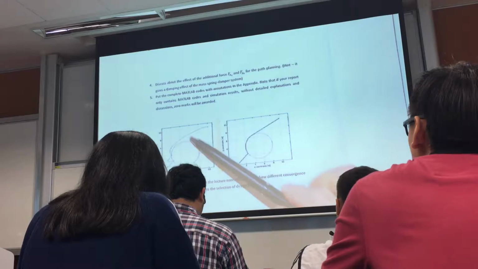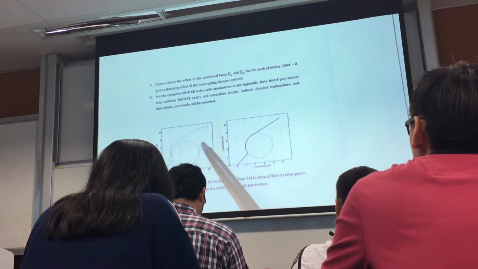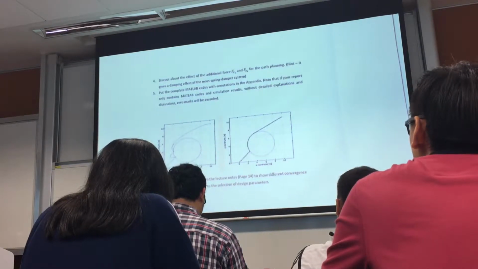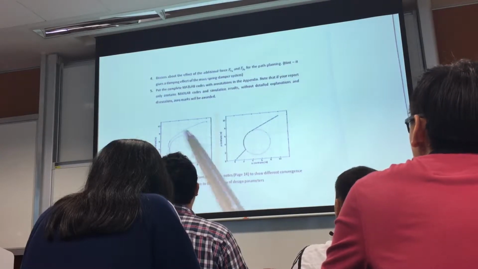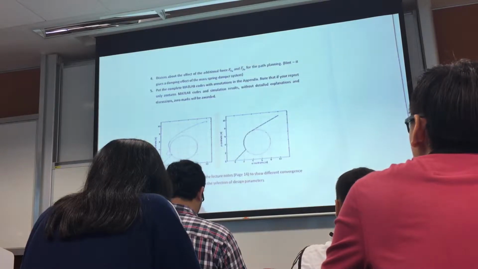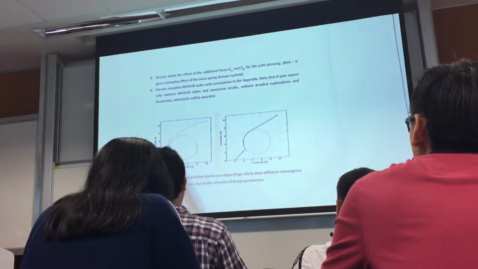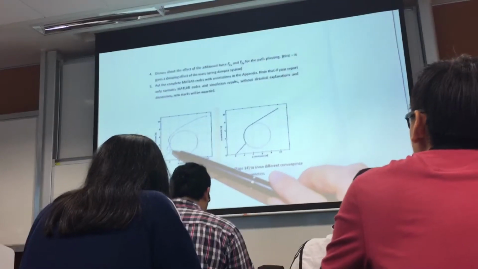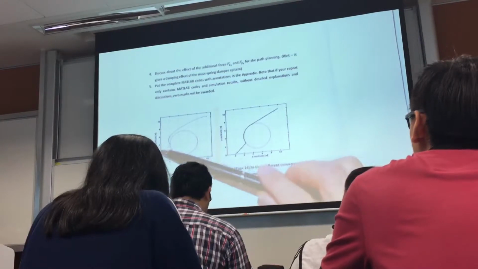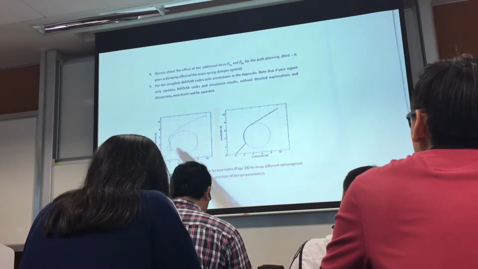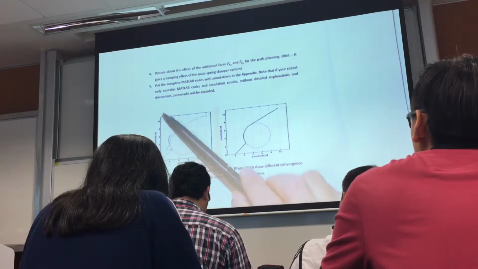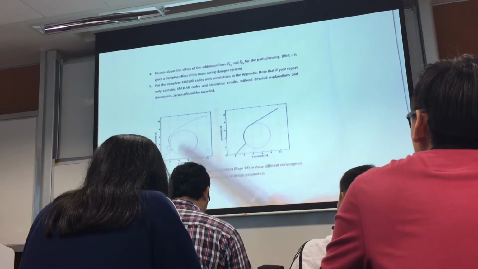For example, for this set of parameters, you can see the vehicle will somewhat bounce at the obstacle. For some reason, maybe because the repulsion force is too significant, it's bounced back. It's something you can get a behavior like this.